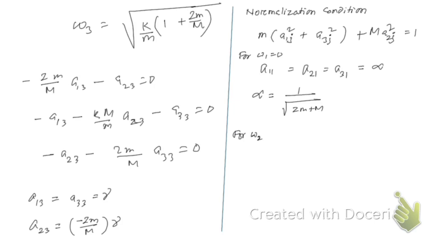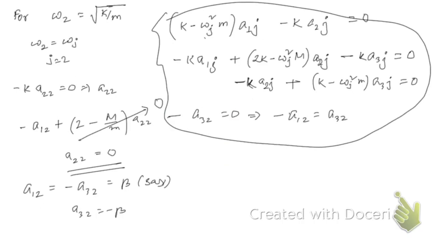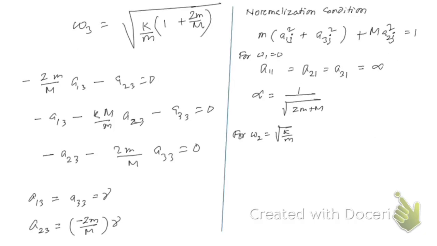And for omega 2, which was equal to root over k by m, right? Omega 2 was root over k by m, and for that we have got these solutions: a22 is 0 and a32 is minus beta. Let me copy these results and use them here.